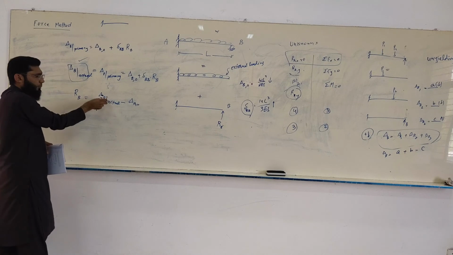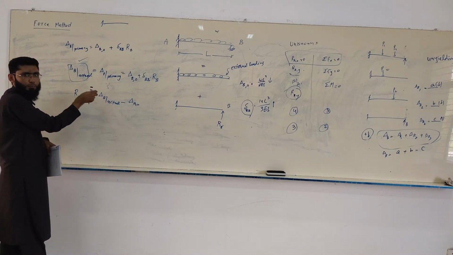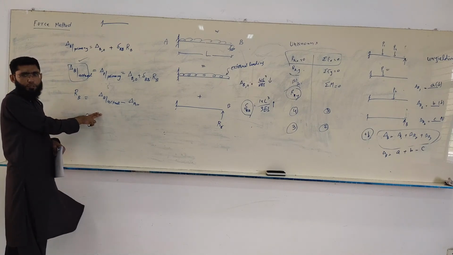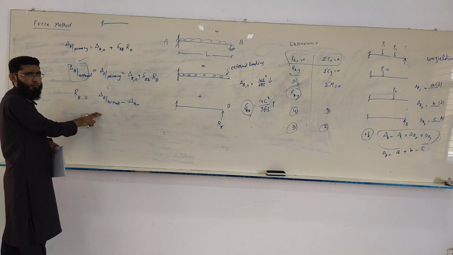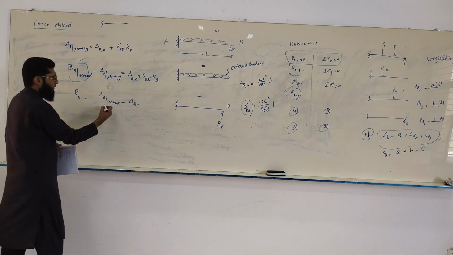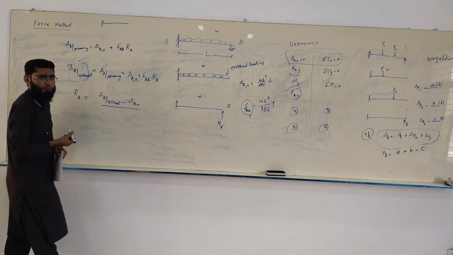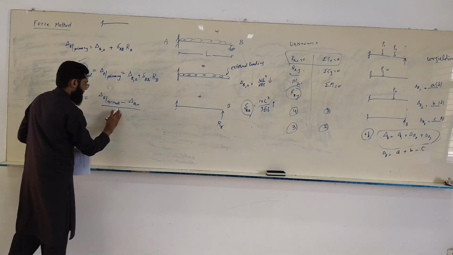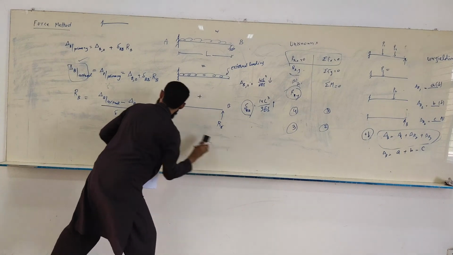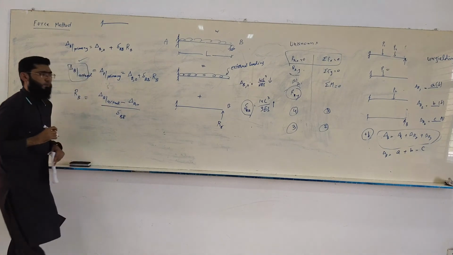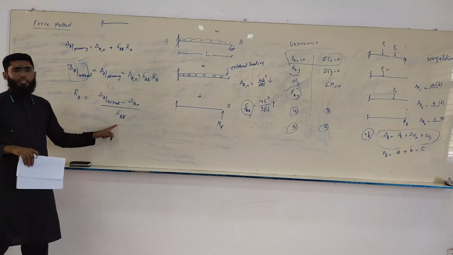Just imagine if this term is 0, it will disappear, but I'm purposely not putting the value of 0 to make it a generalized equation. All right? Divided by delta BB. Now, delta B naught is known, delta BB is known.